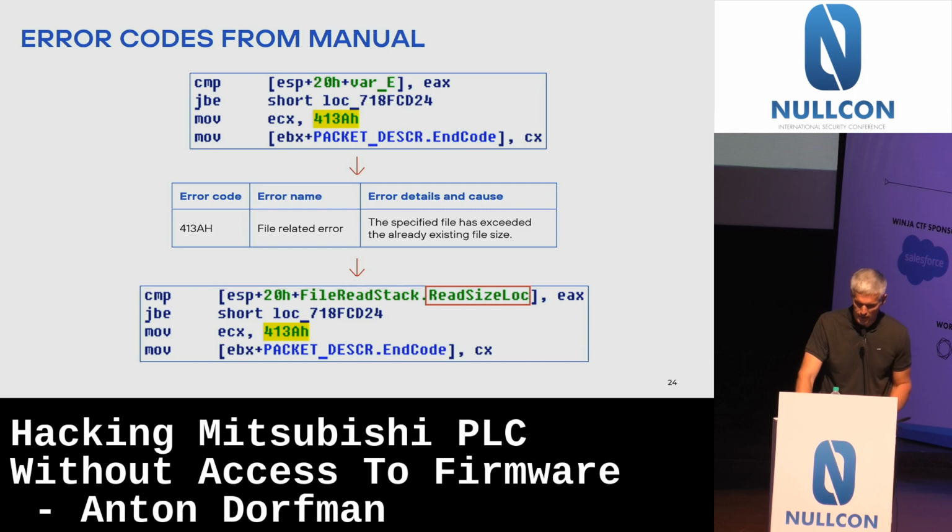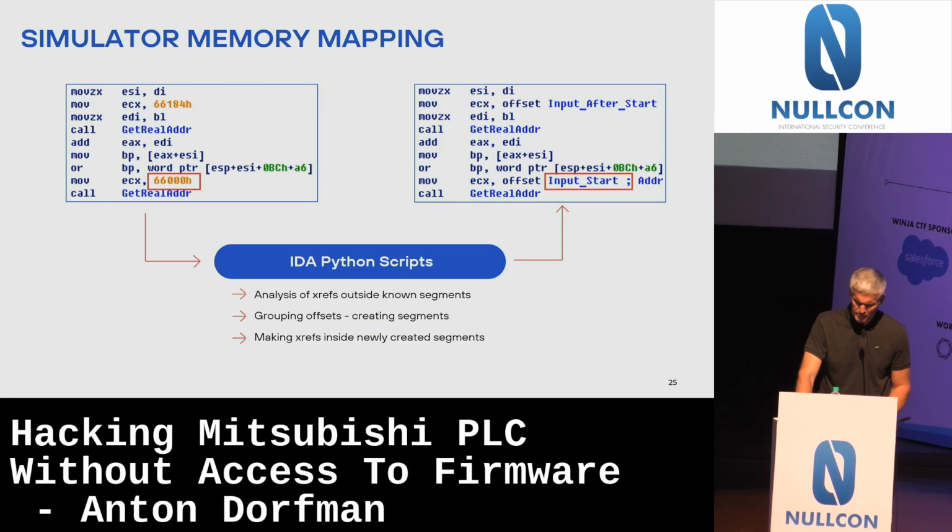And we can see that some error code, 1.3a, is just copied to the end code. We go to the documentation, and we know that it's some kind of file size. So we identified some variable. And one more.